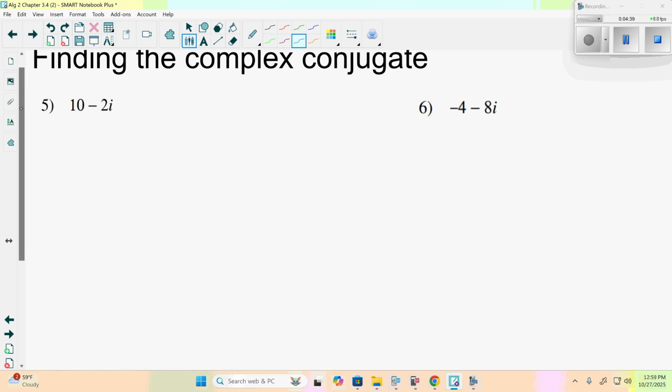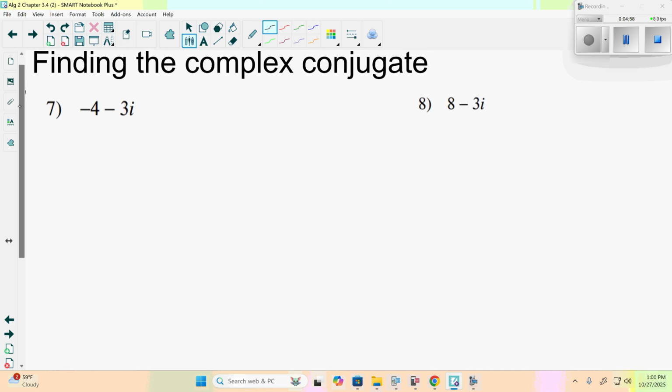So how about 10 minus 2I? It would be 10 plus 2I. Negative 4 minus 3I would be negative 4 plus 3I. And then we would have 8 plus 3i.